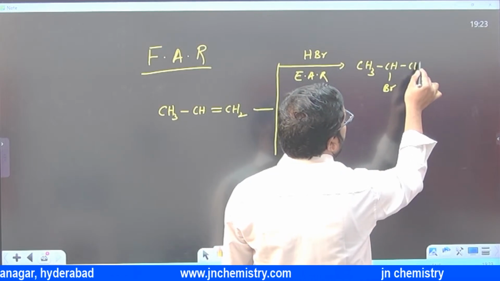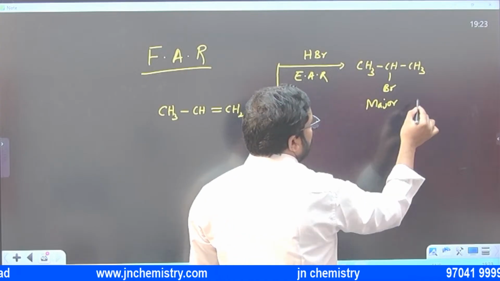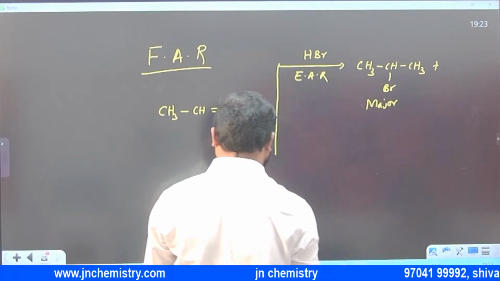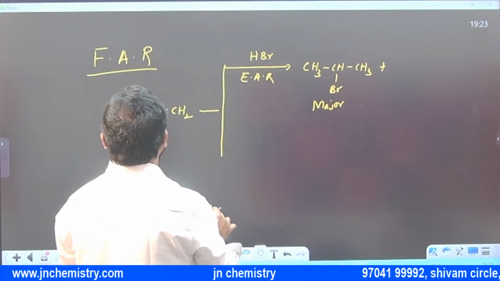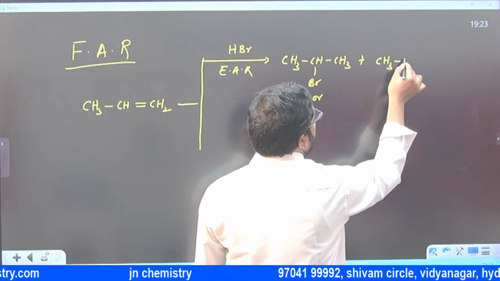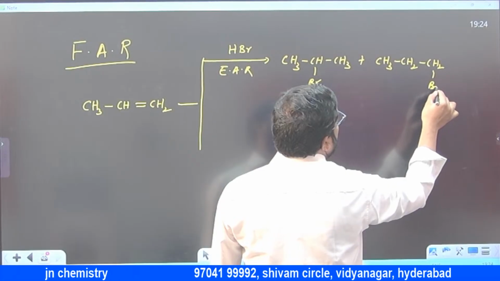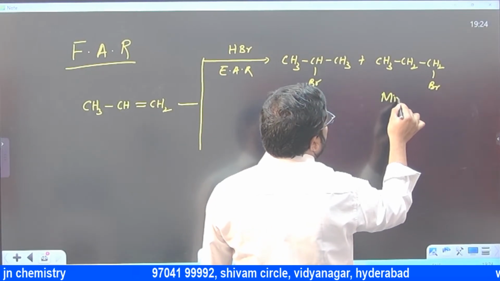2-bromopropane is the major product, and CH3, CH2, CH2Br, 1-bromopropane, is minor.